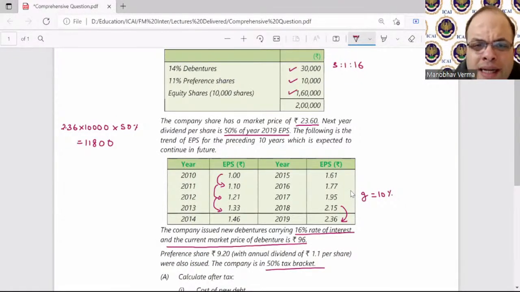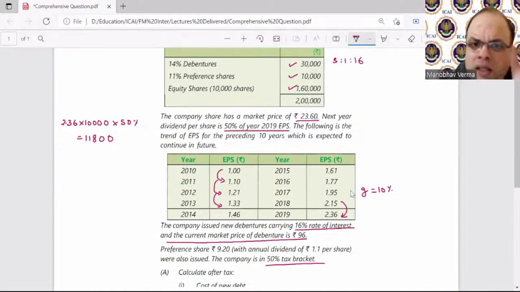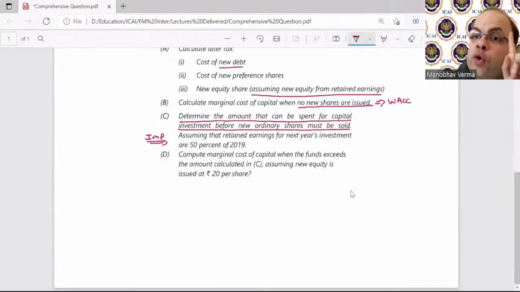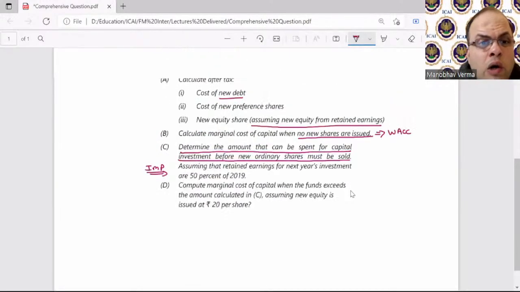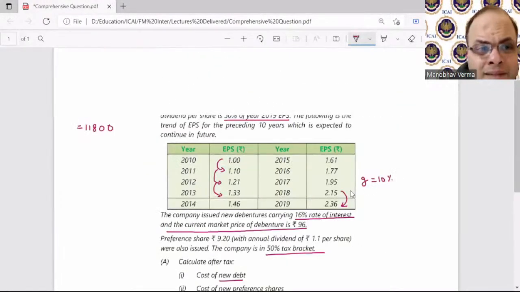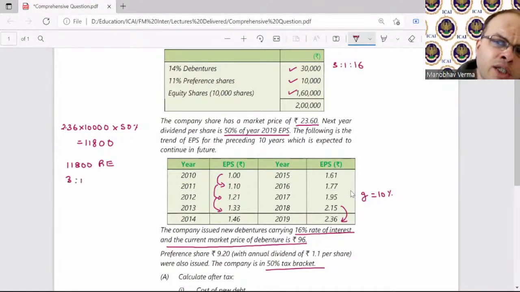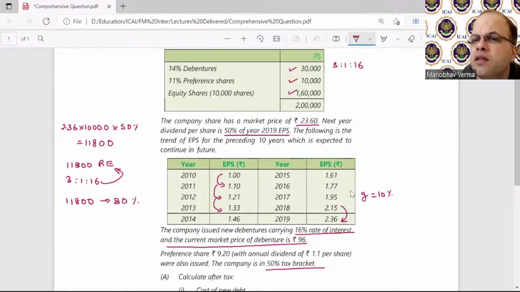So 11,800. And the call of the question is determine the amount that can be spent for capital investment before new ordinary shares must be sold. Now we have 11,800 as retained earnings available, and we have a capital structure of 3:1:16. 16 is retained earnings. That means 11,800 is 80%.